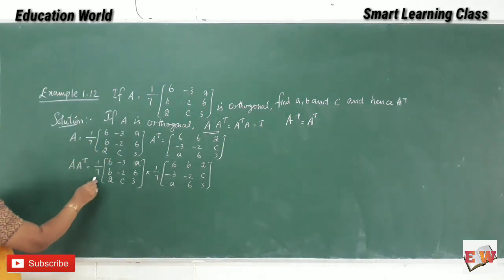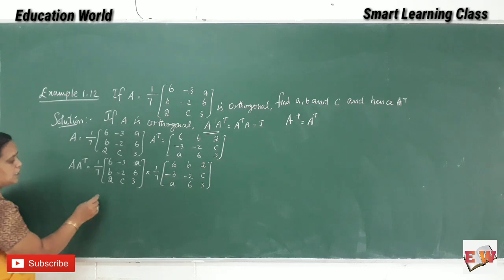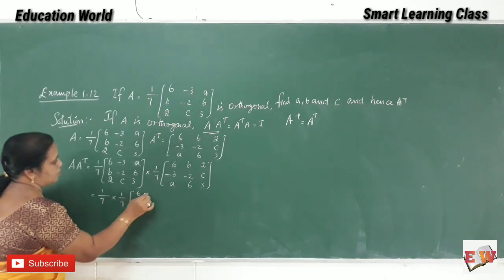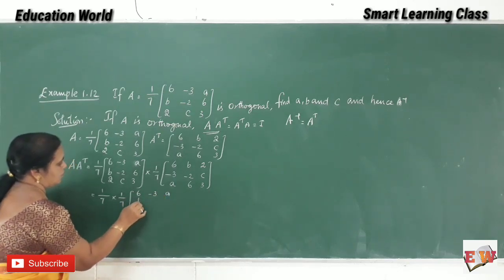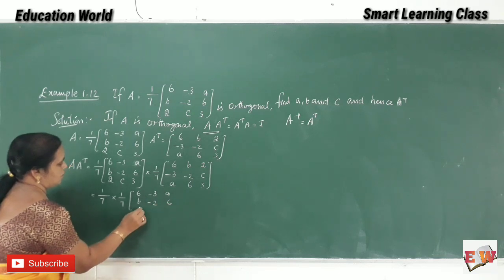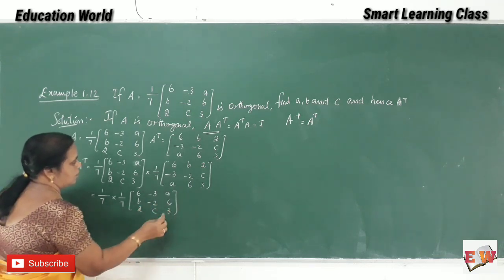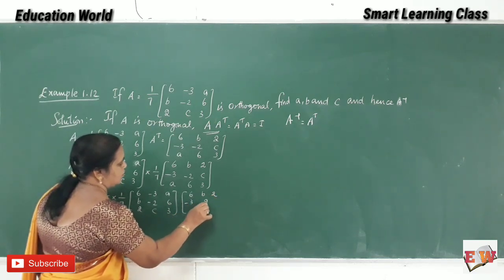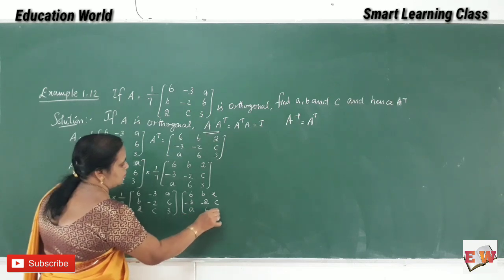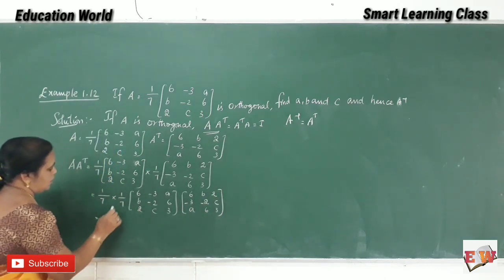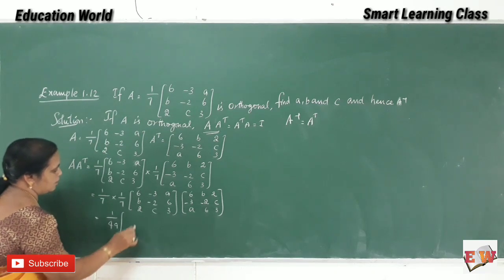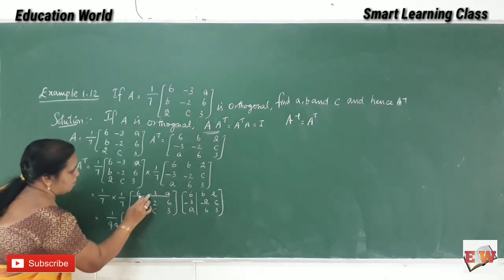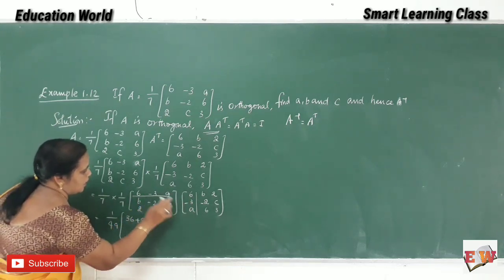These two numbers are constant terms, so I am bringing 1 by 49 outside. Usual matrix multiplication: 6 into 6, 36, minus into minus plus 9, plus A into A, A square.